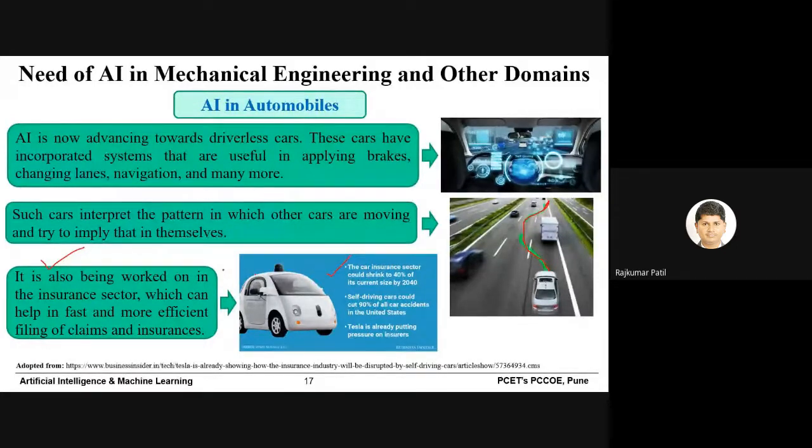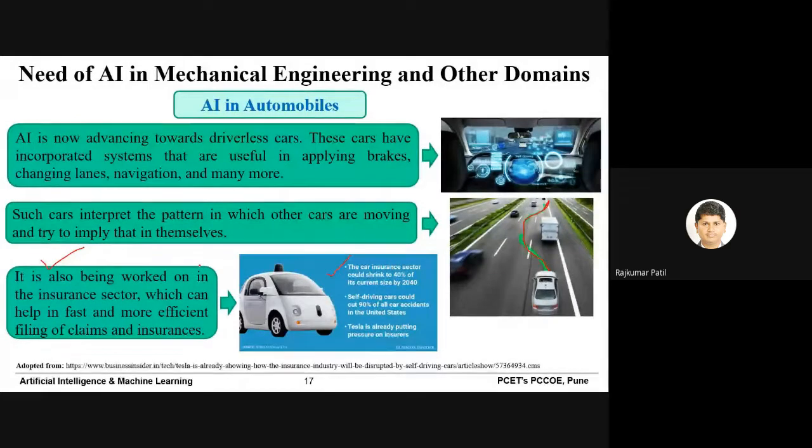Again, one example I will tell you that I have seen when I was in the USA: when you purchase a new car, there is compulsory car insurance, and that car insurance premium is linked with your driving license.